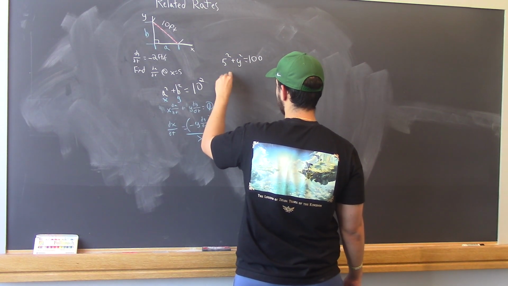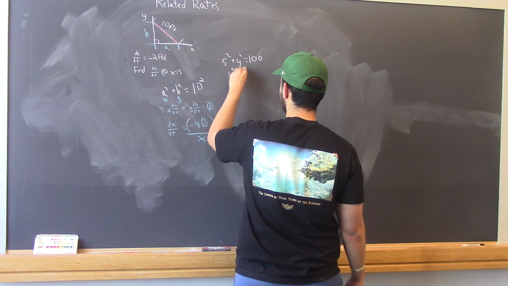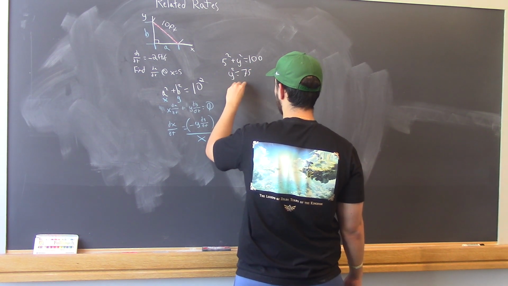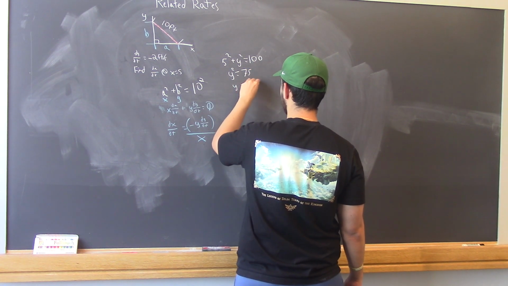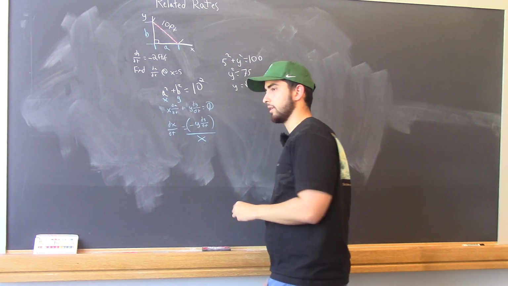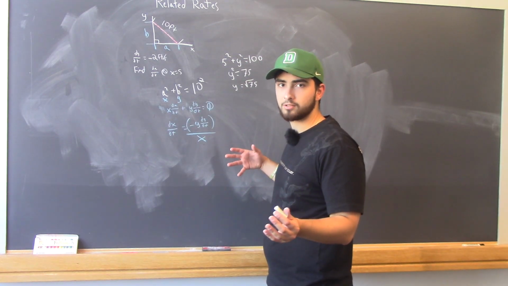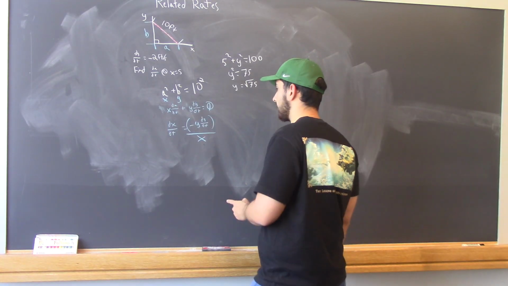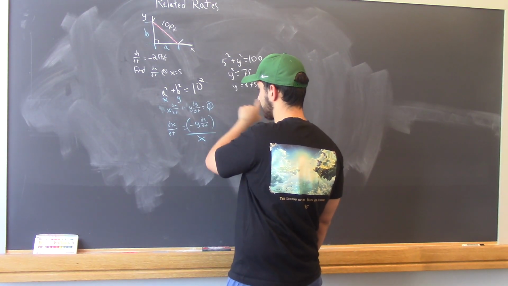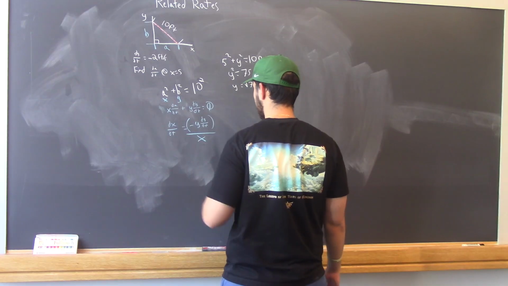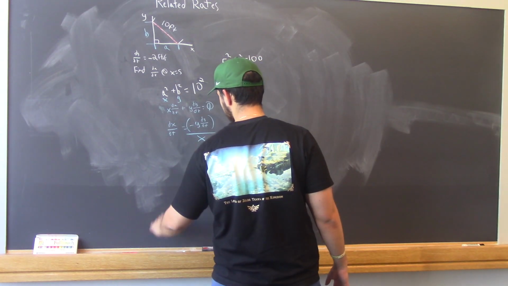This is 25, so y squared equals 75, y equals root 75. And we're dealing with physical distances, so we can't have a negative distance. So, okay, we have our y value at x equals 5. We have our x value, we have dy/dt. Just plug and chug now.